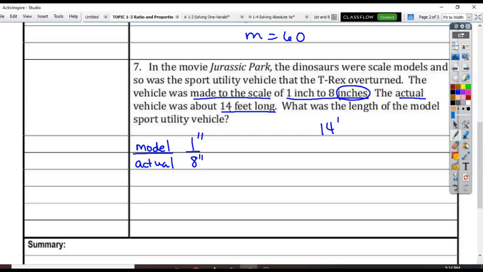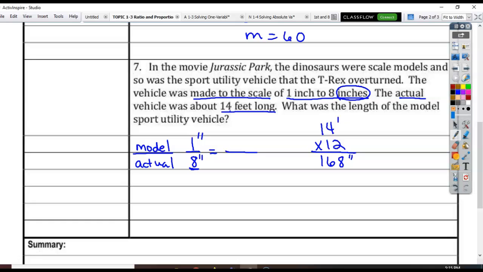So we're going to change this by multiplying by 12. We're going to change it to inches. Okay, so 14 times 12 is 168 inches. Okay, because you have to have inches with inches, feet with feet. We could have also tried to change it into feet, but we only have 8, so it would make it a little bit of a decimal or a fraction. So it's better to use the 168.